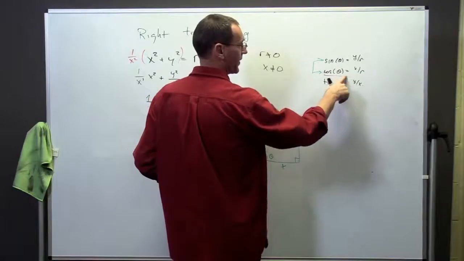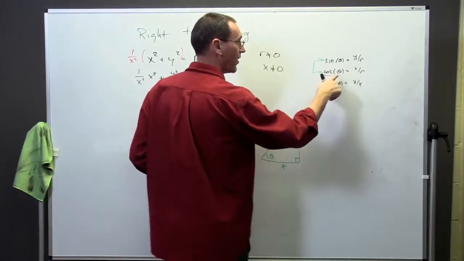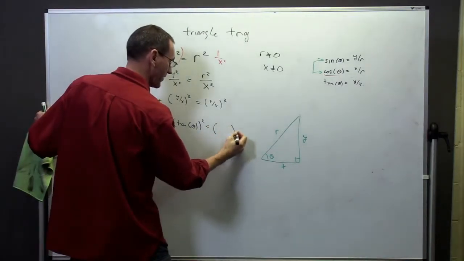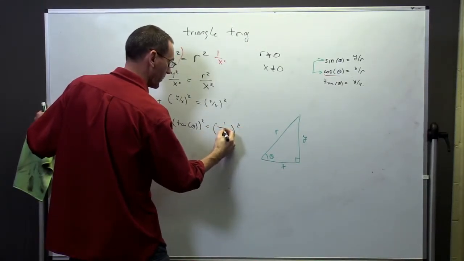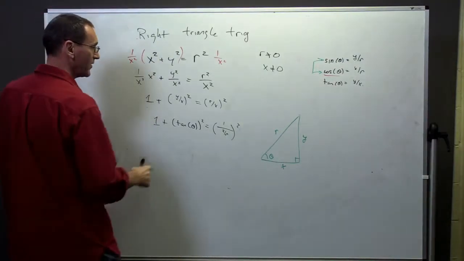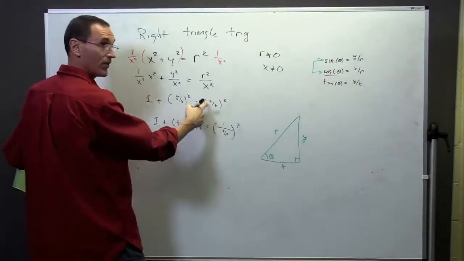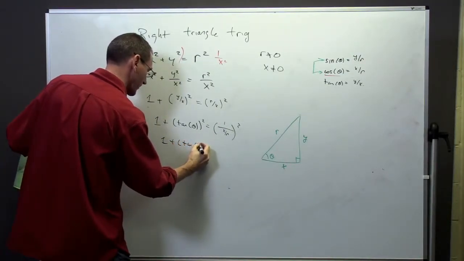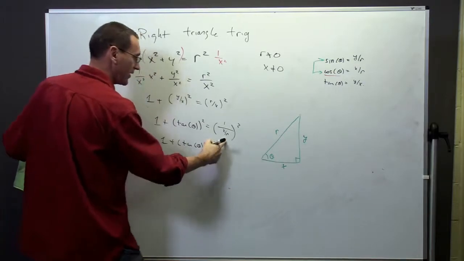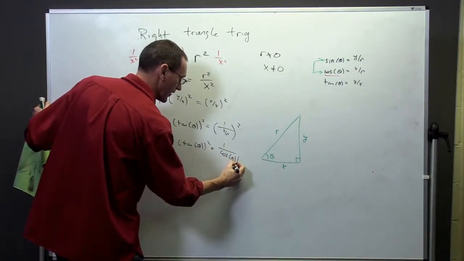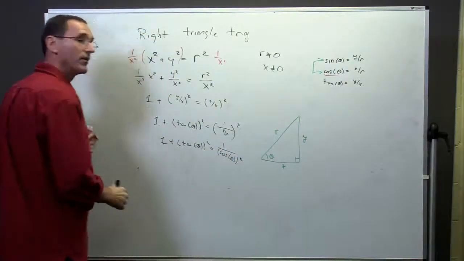Now notice here, I've got an x over r, and so this, I can think of this as 1 over x over r. So that's the same thing. So I just take 1 over that. So I get this, and this thing is 1 over cosine squared.